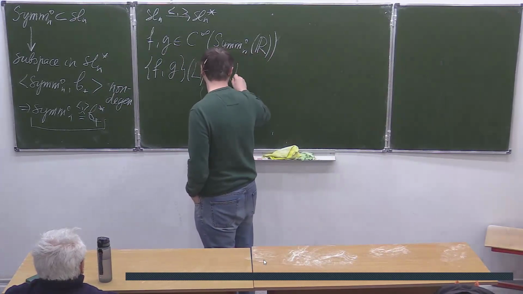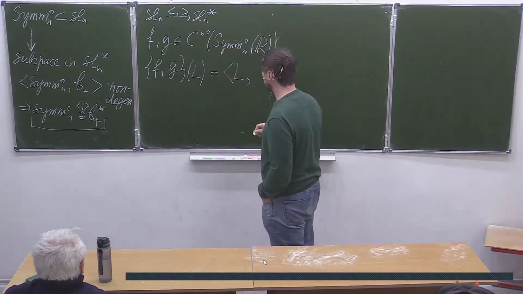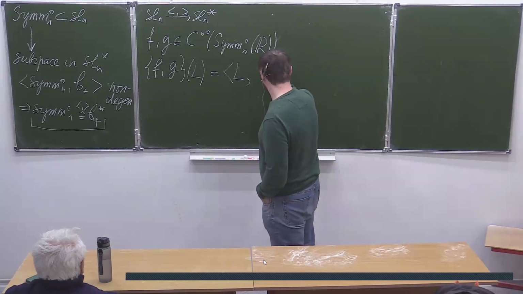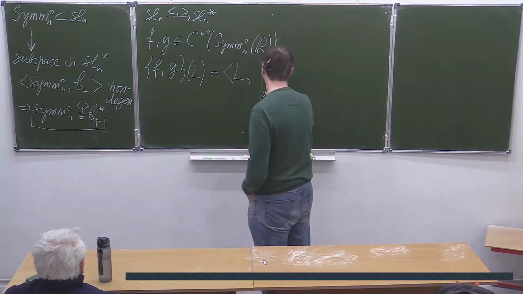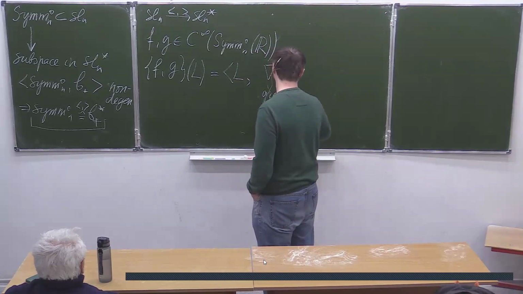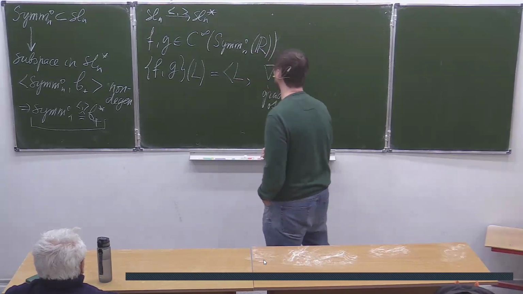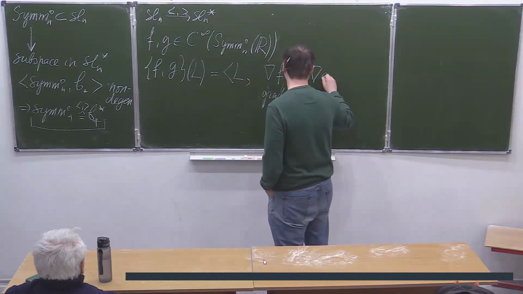First, you take L, then you take the gradient, it's denoted by nabla, of f and the gradient of g at this point.